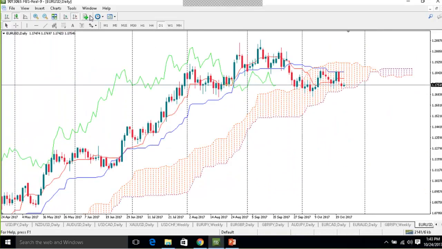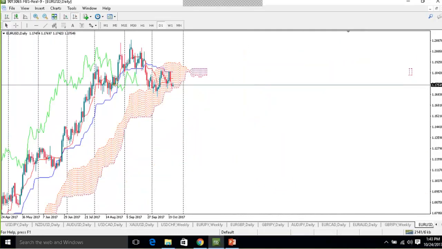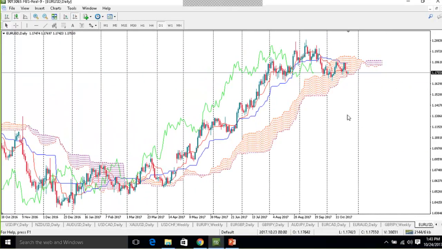Let's look at the daily chart. Maybe we have some more illustrations of some other cases. Here we see that the price went inside the Ichimoku cloud and currently stays inside the cloud.